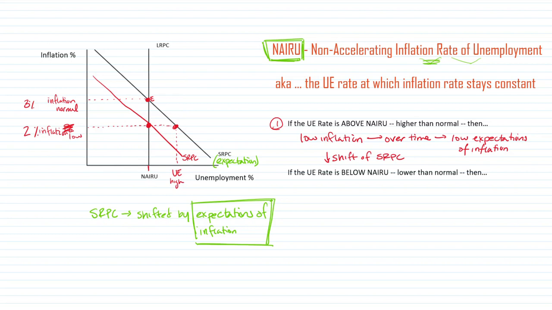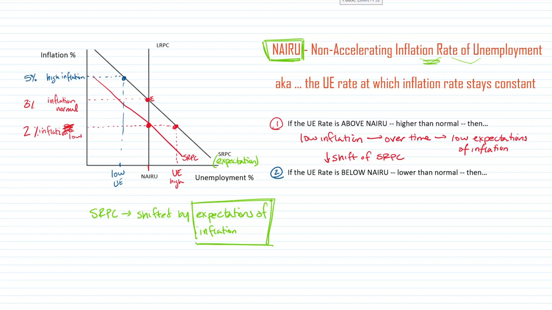And we can also begin to see the opposite. Imagine if the unemployment rate was below NAIRU. So we could imagine a low unemployment rate here, and a low unemployment rate would correspond to a relatively higher inflation rate. Maybe this is an inflation rate of 5%.